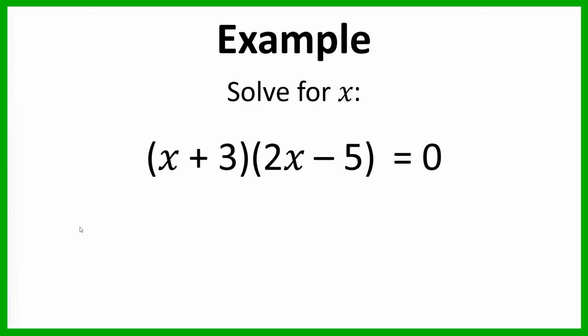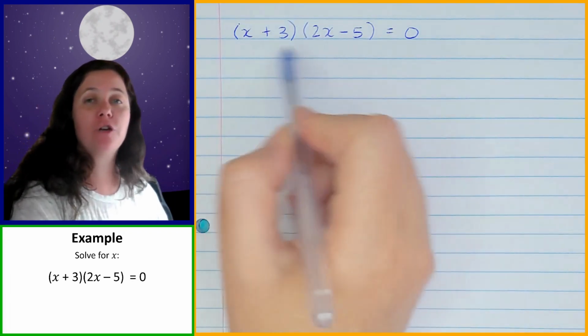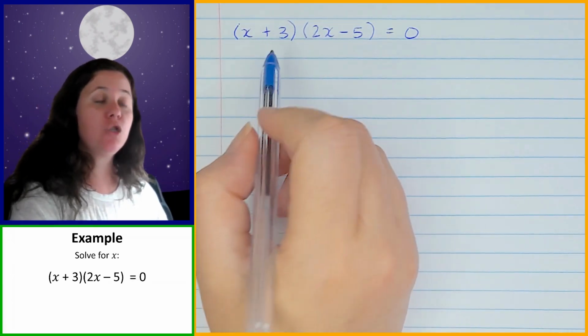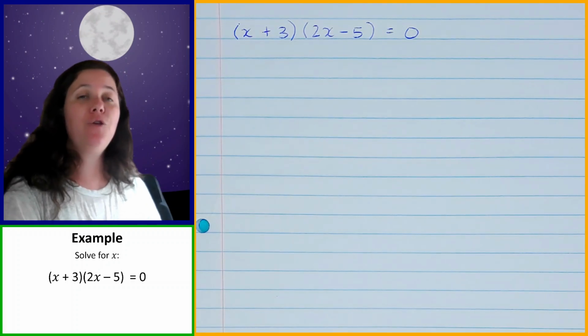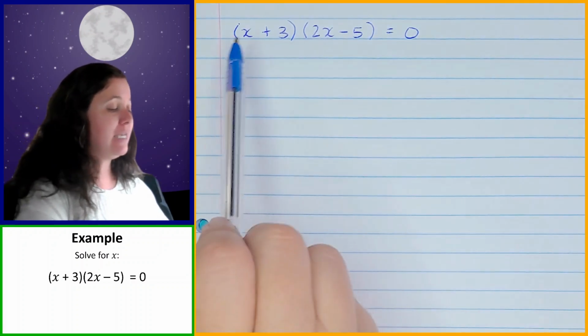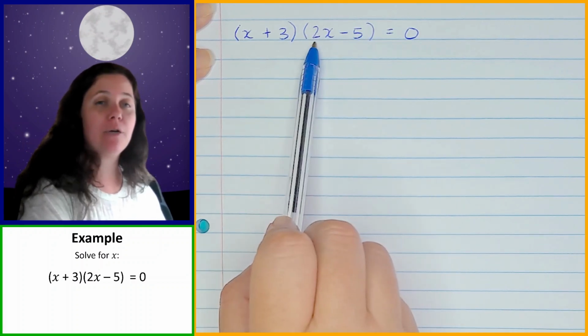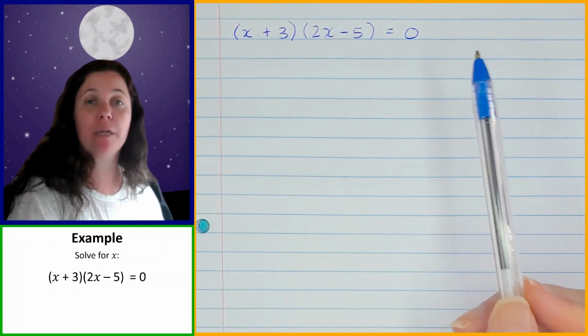Okay, so if we're not going to multiply it out, let's see what we are going to do. Like I said, I'm not going to multiply this out. Remember we said if you've got two things that are multiplied together that are equal to 0, at least one of them has to have been equal to 0 to start with. So that means that this had to be 0 or this had to be 0 in order for you to get 0 when you multiply them together.